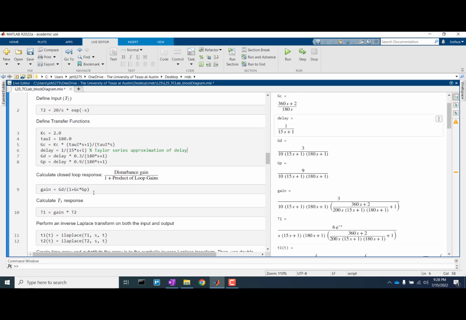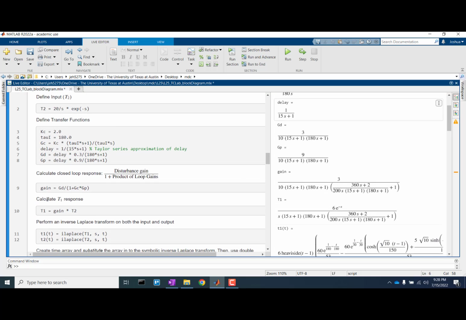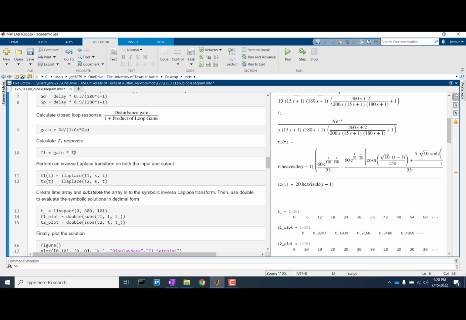So we'll continue now. To create the closed loop response, we have the disturbance gain over 1 plus the product of all loop gains. So that's gain of disturbance over 1 plus Gc times Gp. Temperature 1 response is the gain times T2. Remember, gain is T1 over T2, so that's how we convert it.